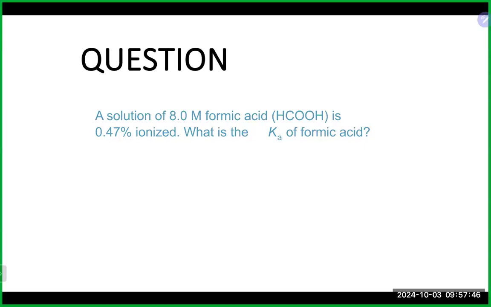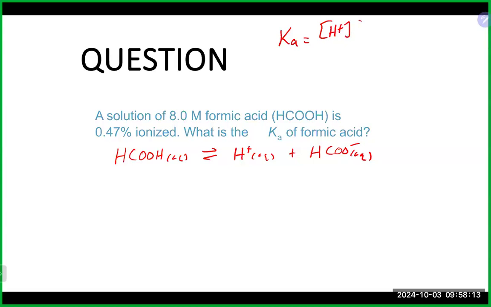Whenever you have any type of equilibrium, you want to do the ice table. So why don't we start with that? We start with the formic acid, which will break apart and ionize in solution into H plus and a little formate. We can also write our Ka expression for it, like normal, which is our products divided by reactants.